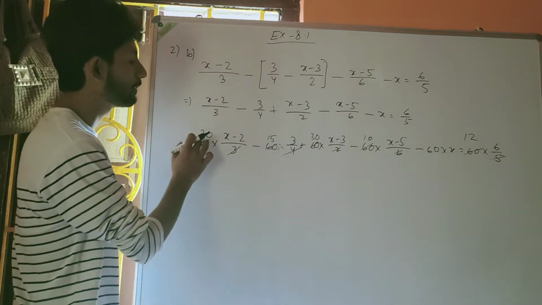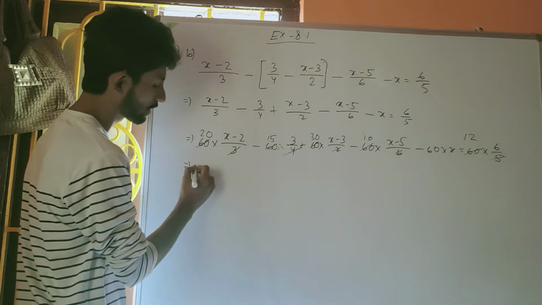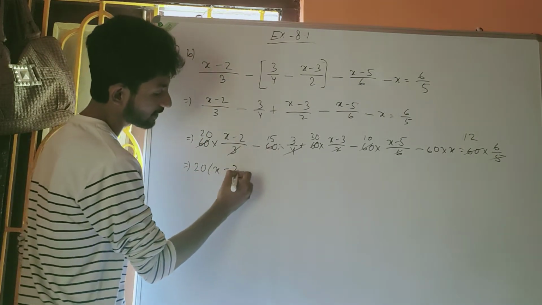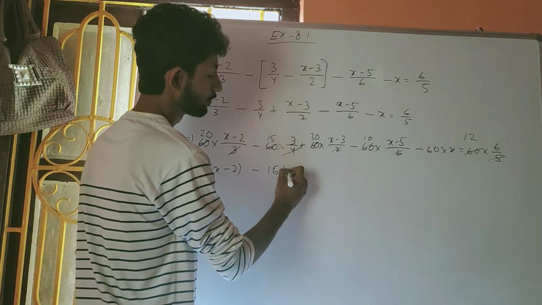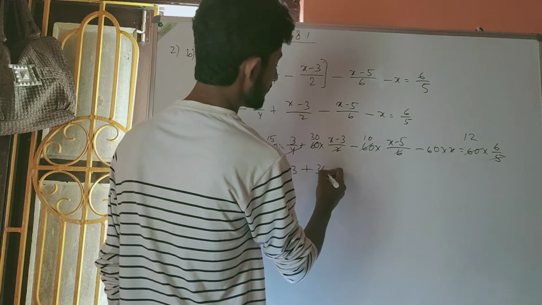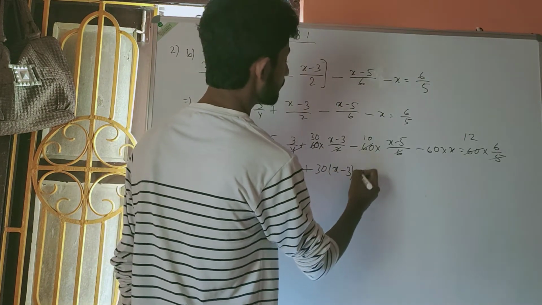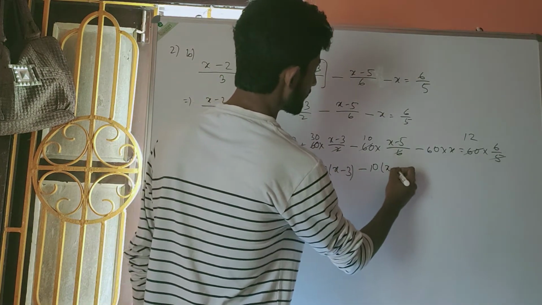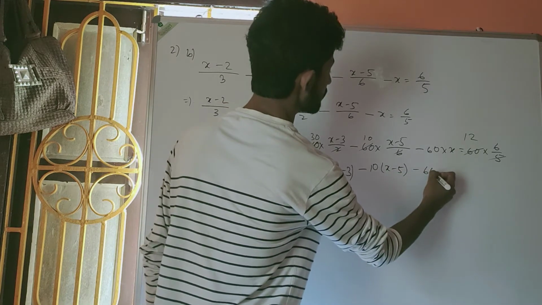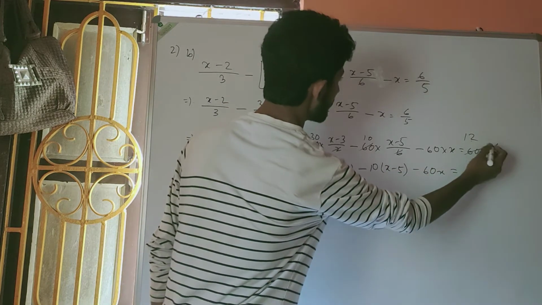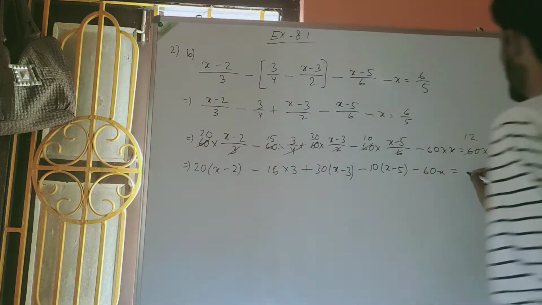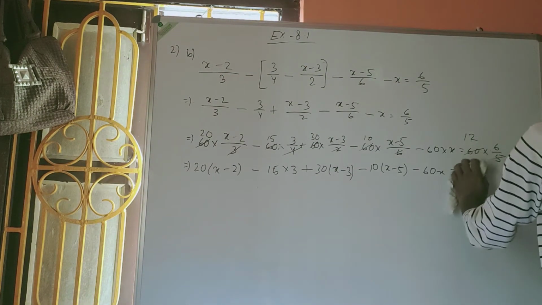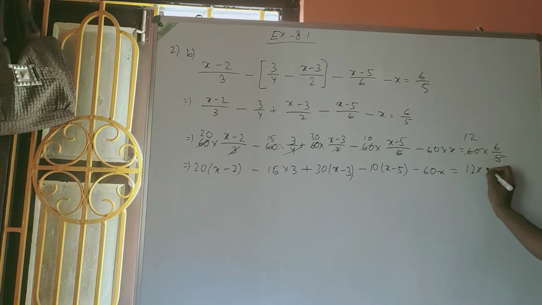Now 20 will be multiplied with x minus 2, so you can write 20 into (x minus 2) minus 15 into 3 plus 30 into (x minus 3) minus 10 into (x minus 5) minus 60x equals 12 into 6.